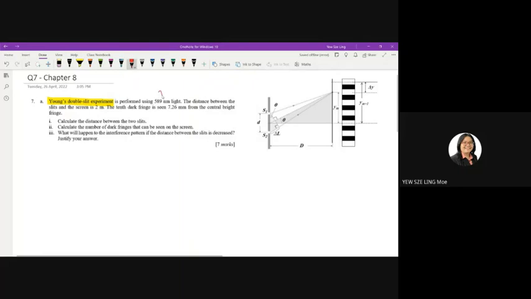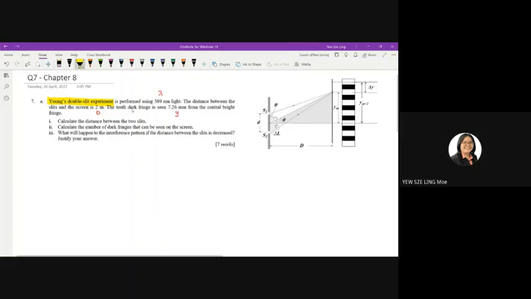That is your lambda. The distance between the slit and the screen is 2 meters. This is your capital letter D. The tenth dark fringe is seen 7.26 mm from the central bright fringe. So this one is your Y. It gives you the distance from the slit until the dark fringe.